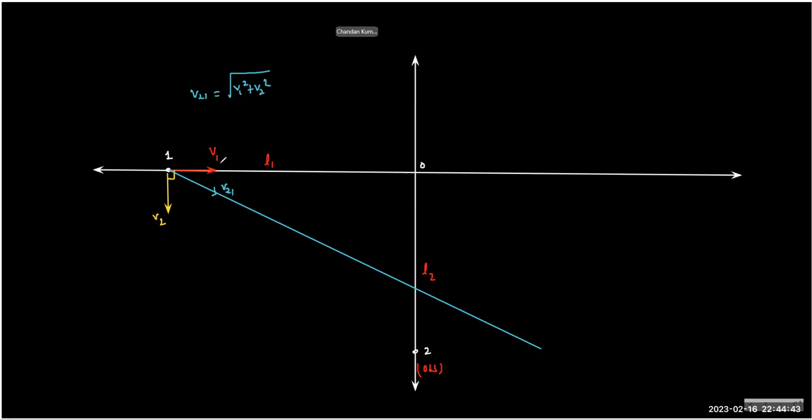Because they are mutually perpendicular, we can also find the angle, right? So we can say tan theta is how much? What is tan theta? Tan theta is how much? L2 by L1.